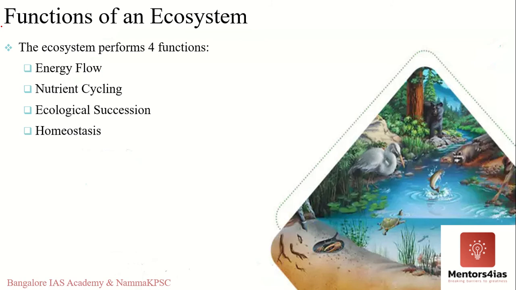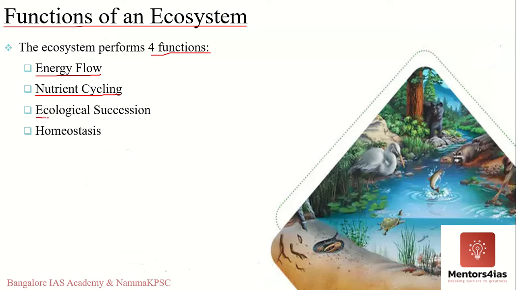Okay, so when we talk about the functions of an ecosystem, any ecosystem that you take will perform four functions. First is the energy flow, which involves the exchange of energy necessary to support life. The second function of an ecosystem is nutrient cycling, which involves cycling of various nutrients between biotic and abiotic components.